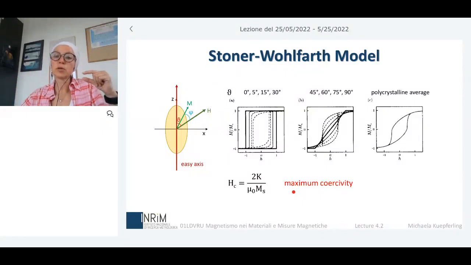And this would be your perfect hard magnetic material, because then you can go to the maximum coercivity that you can theoretically reach from the intrinsic properties, because extrinsic properties will always reduce your coercivity.